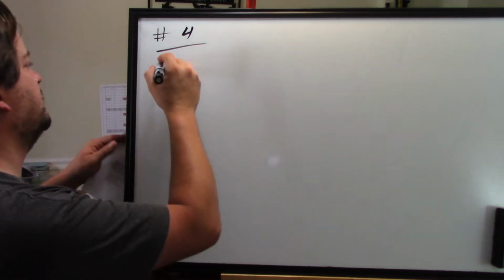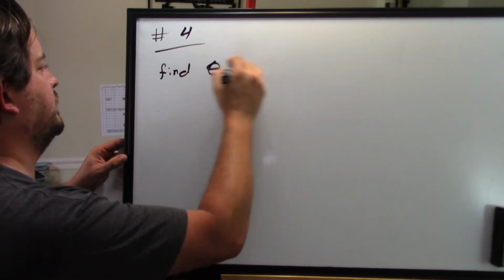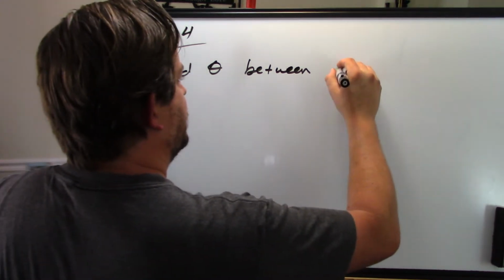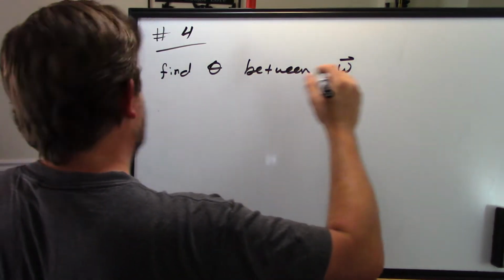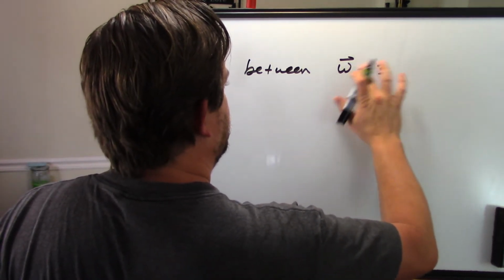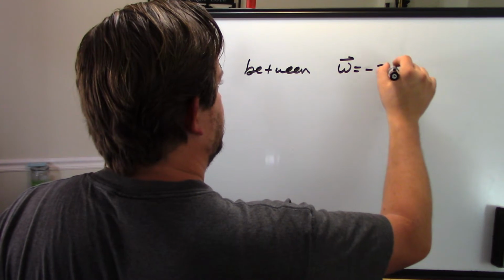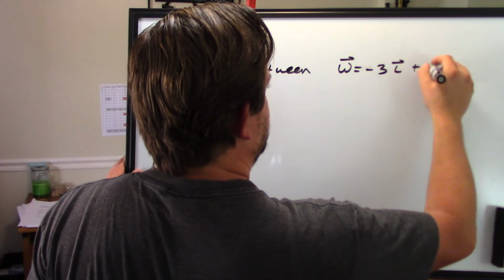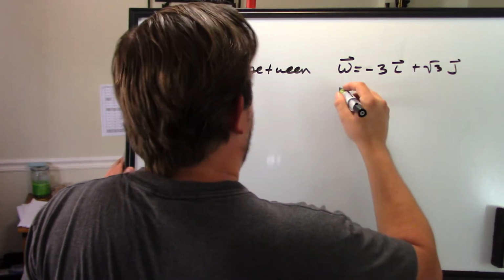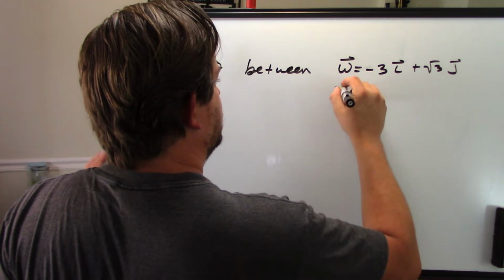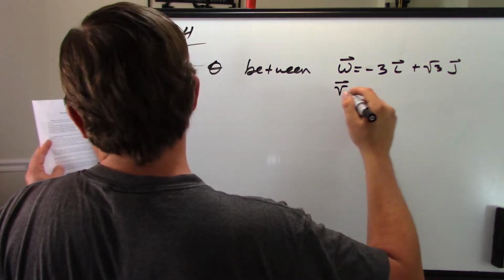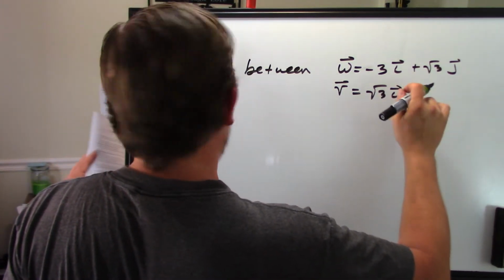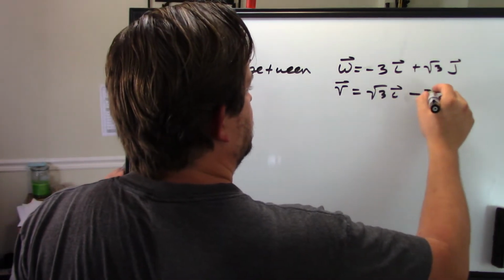So it says find the angle between vector W, which is -3i plus root 3 j, and V, which is root 3 i minus 3j. Okay?